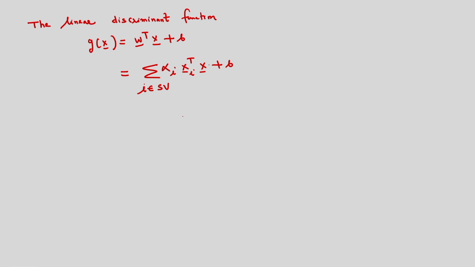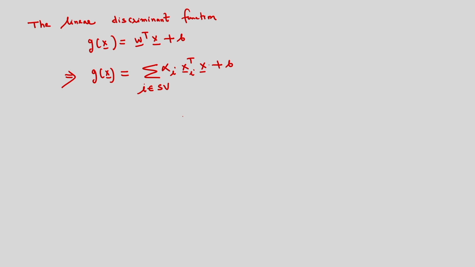In the expression of G(x), you can see it depends on the dot product between the test point x and the support vector xi.